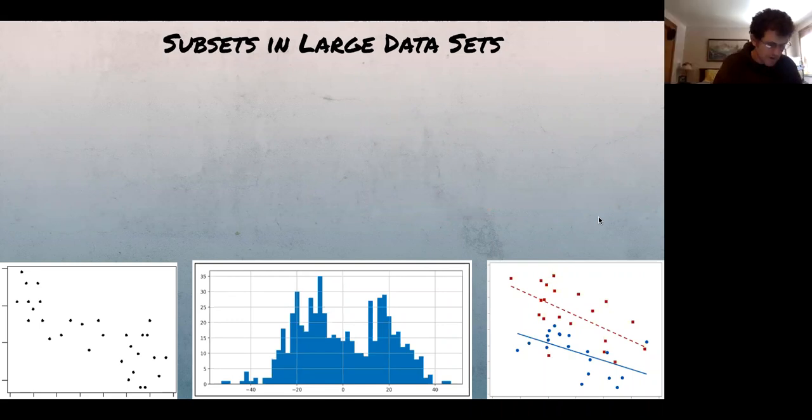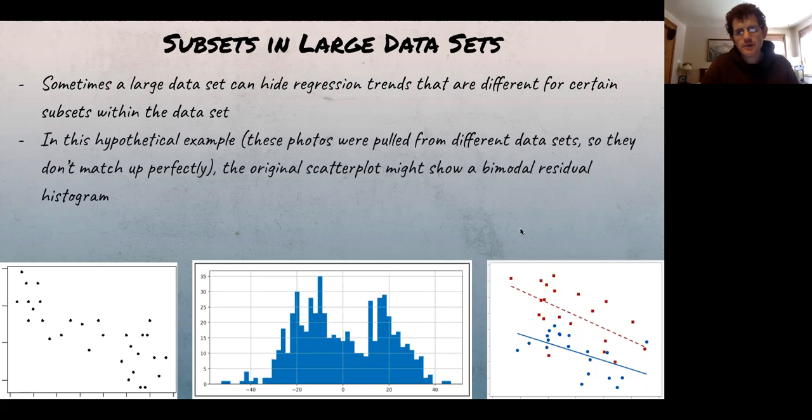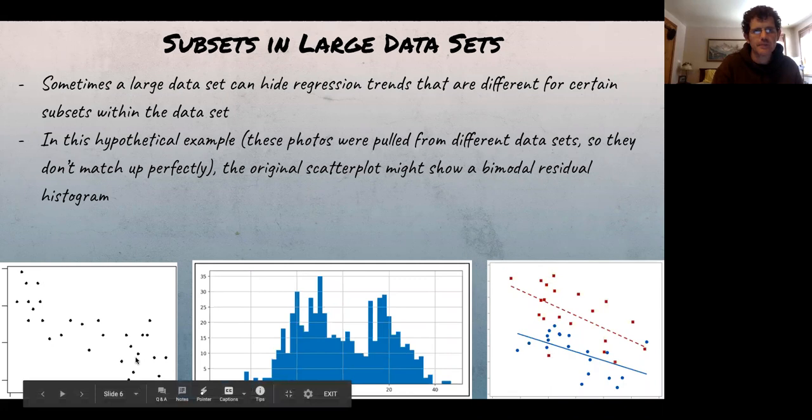Okay, so subsets. And again, if you read the chapter, you're already familiar with this to some degree. So in a large data set, sometimes there are subsets that make that up. Now I did pull these photos from different data sets, but let's just pretend real quick that we see this original scatter plot, and when you look at the residual histogram, you can take all your residuals and put them into a histogram.